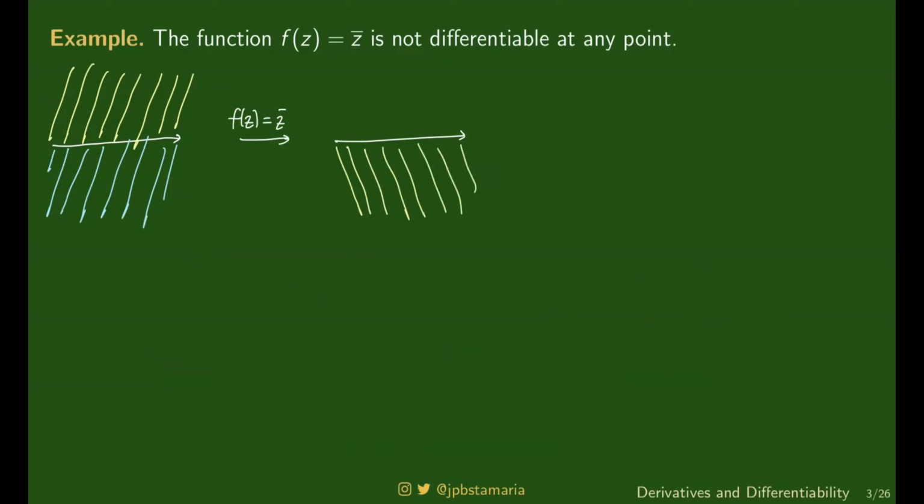Nasa ilalim na sila ng x-axis, while yung mga blue lines na yan ay nasa ibabaw na. Ganyan yung ginagawa ng f of z equals z bar. So, you can imagine na meron ka ditong figure na R. Ang image niya after the transformation is like that.